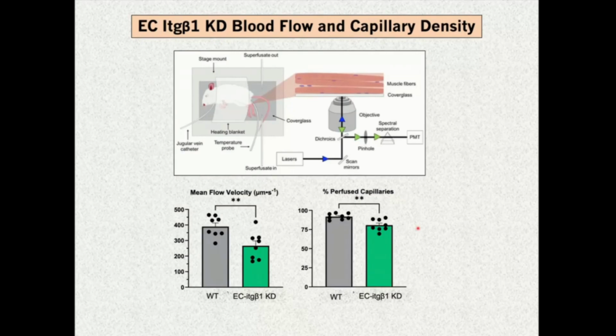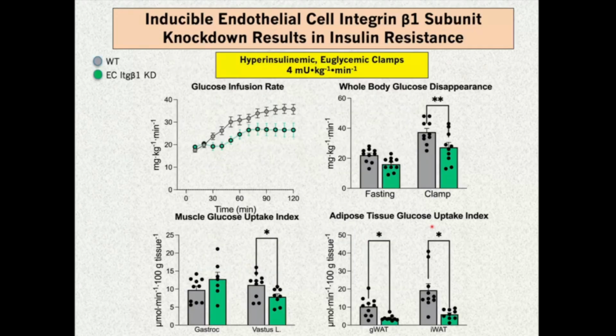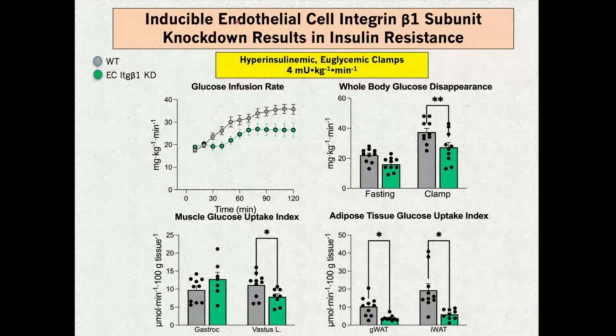So it had not only an effect on capillary density, but an effect on the rate of blood flow through the capillaries. Now, what did this all mean for insulin resistance? This is the same mouse model, 10 days post tamoxifen, an inducible endothelial integrin beta 1 subunit knockdown. That's a mouthful, and it results in insulin resistance.